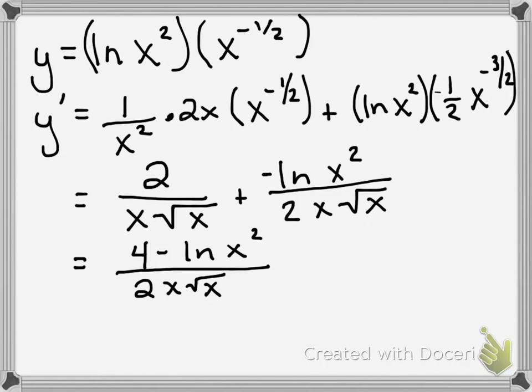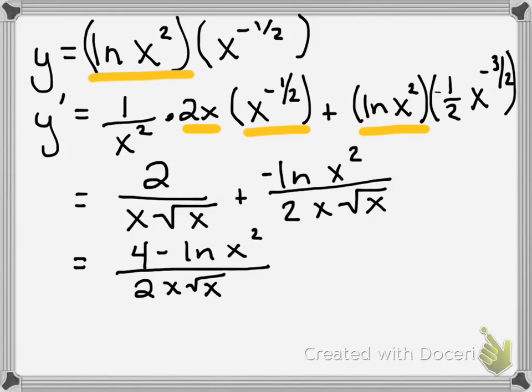Okay, so the first thing you needed to do was take the derivative of ln of x squared. So you get 1 over x squared, but then chain rule tells you need to multiply by another 2x, and then our second function stays the same. And then we need to add the first function, which stays the same, and then you take the derivative of x to the negative 1/2.